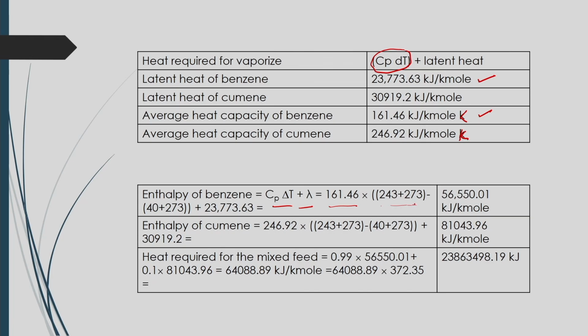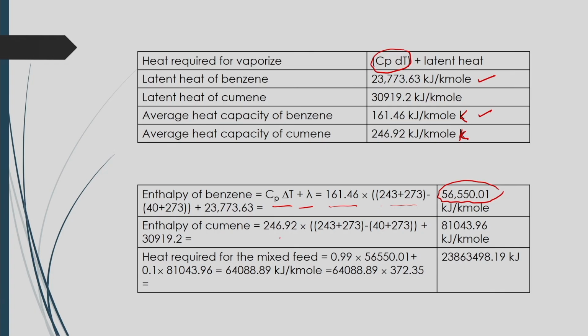So, it will be 243 plus 273 minus 40 plus 273, plus the latent heat, 23,773.63 kilojoule per kilomole. Finally, the total amount is coming 56,550.01 kilojoule.